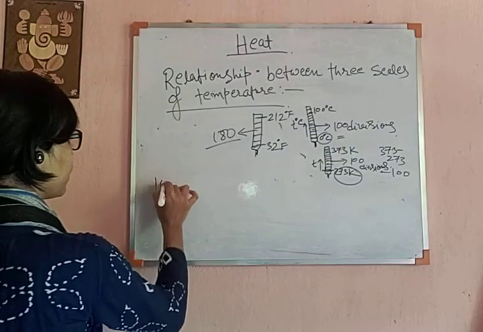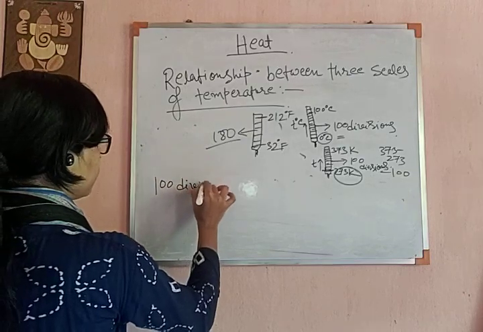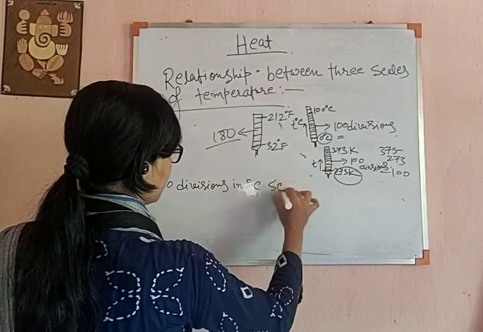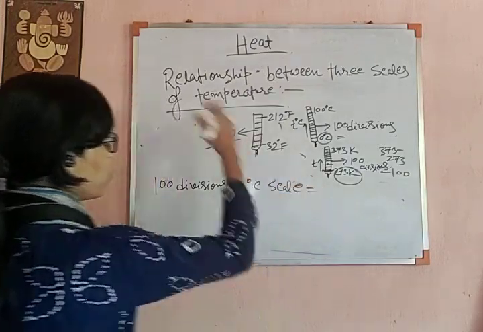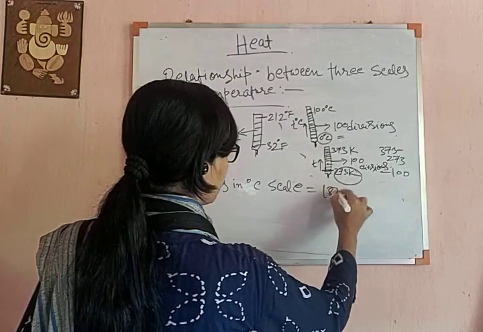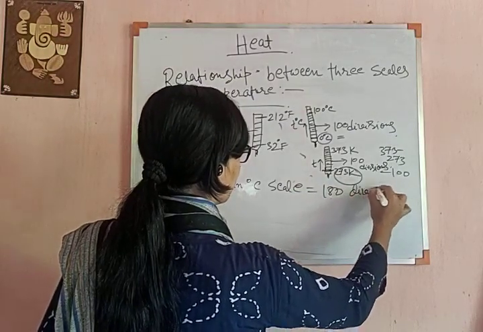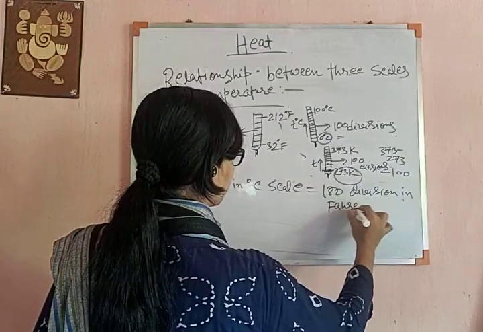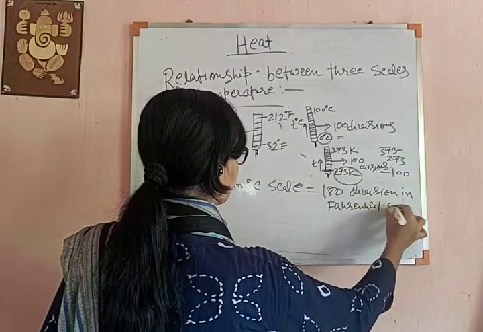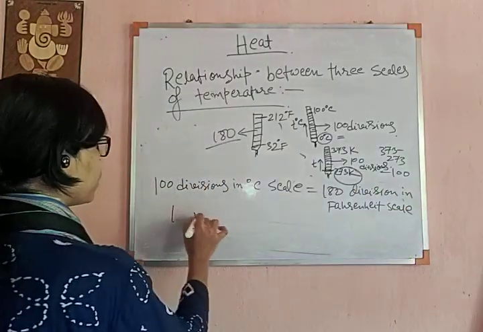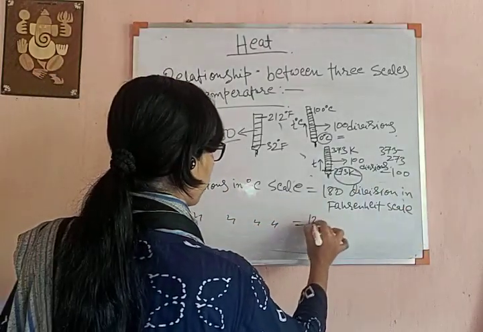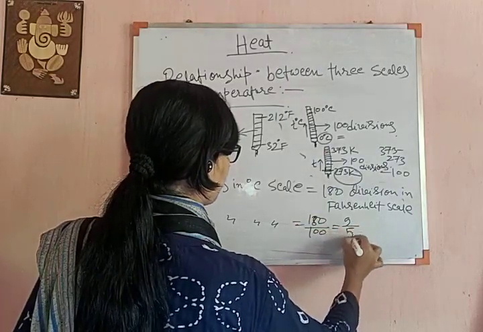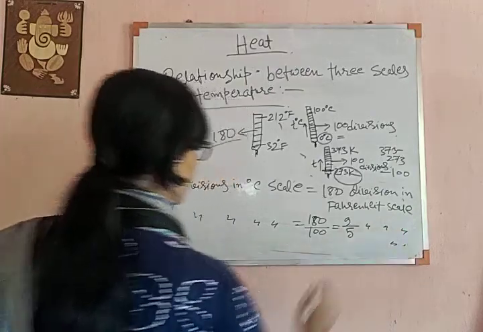So we can correlate that 100 divisions in degree Celsius scale is equal to 180 division in Fahrenheit scale. So 1 division in degree Celsius scale is equal to 180 by 100 equal to 9 by 5 division in Fahrenheit scale.